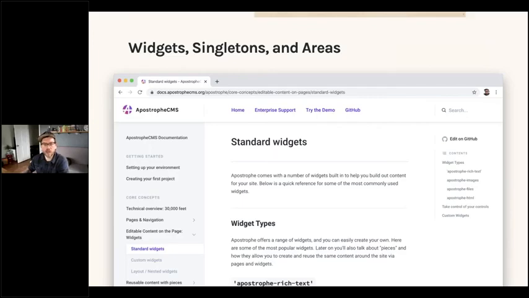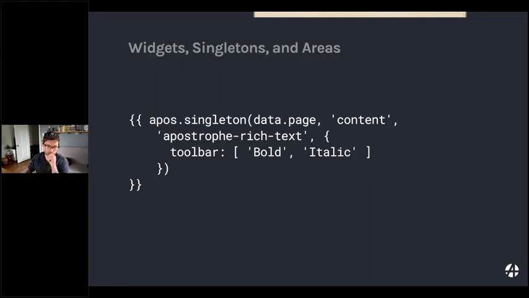So what this looks like at a code level, here is just a singleton that I'm going to add to my template itself. It's going to use the apos Nunjucks template helper. I'm calling a singleton. This data.page is where I'm going to save the data to, the name of the area that I'm going to add it in, and the individual widget that I'm going to stick in that area with optionally some additional configuration.